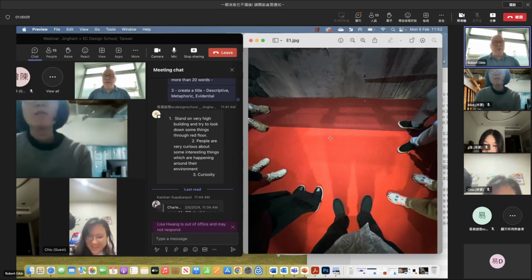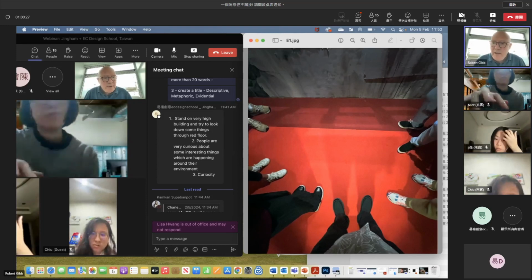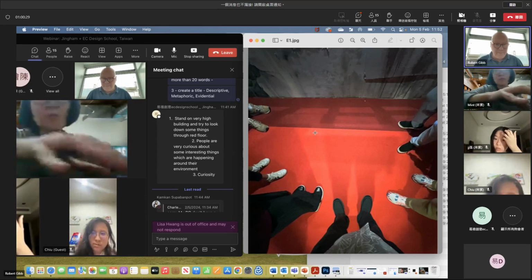Why does it look like they're curious, interested? The answer is the angle at which the image is taken. So we're looking down. We know we're looking down because we can see everyone's feet. So we're looking down from one viewpoint.